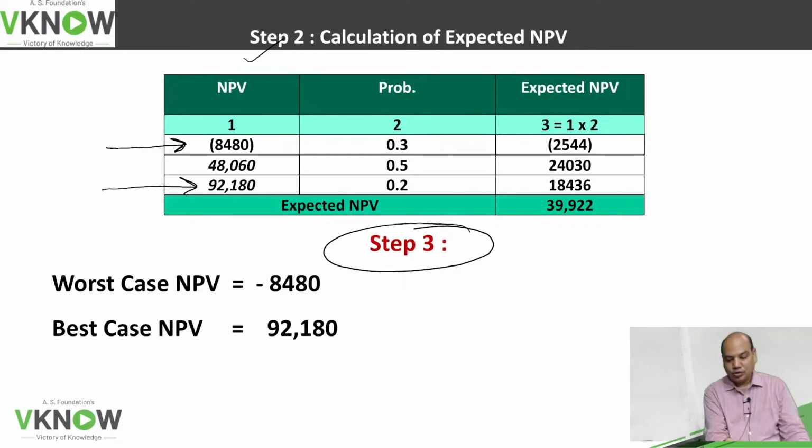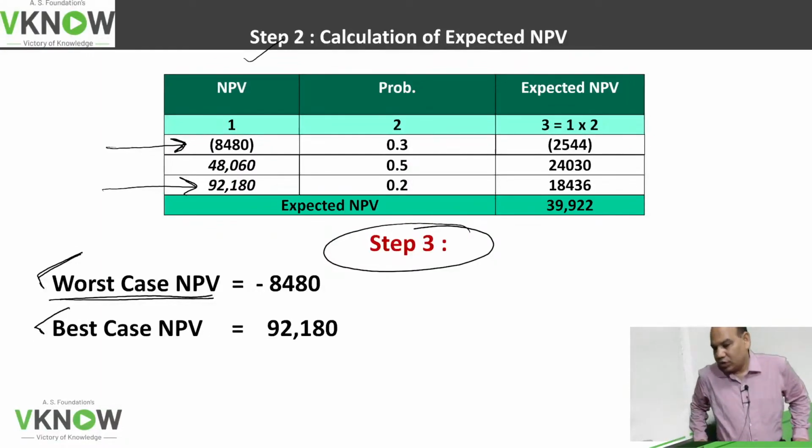So if your luck is bad, then you will get this combination, the first combination, and your NPV can be negative 8480. And if your luck is good, best case NPV you will get, and your NPV can be 92,180. Is it right? This is my second answer.